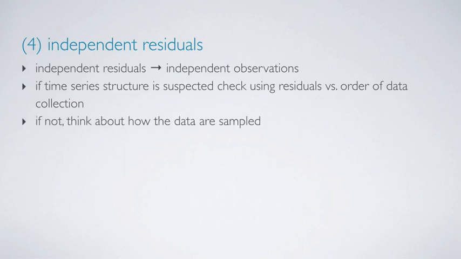If, on the other hand, that is not a consideration, to check to see if the residuals are independent, we don't really have another diagnostic graph that we can use. Instead, we want to go back to first principles and think about how the data are sampled. We've talked numerous times in this course about what independence of observations means and what we need in terms of the sampling of the data to obtain independent observations.